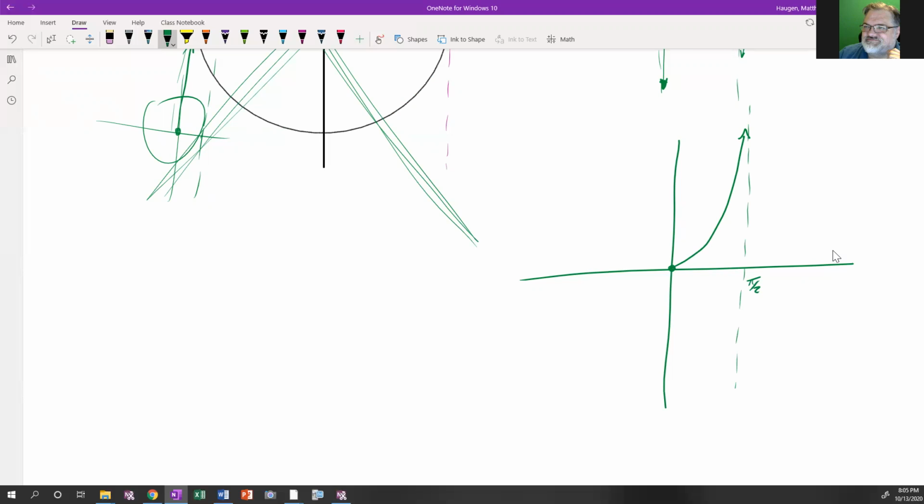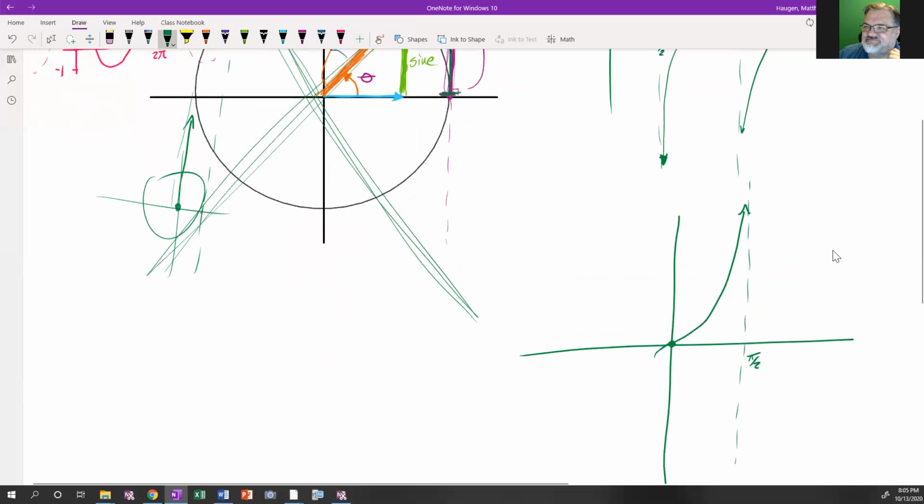But if we look back this way, those small negative angles are down here in quadrant 1, giving us negative tangent values. So we're going to have that downward sweep going into those negative angles.